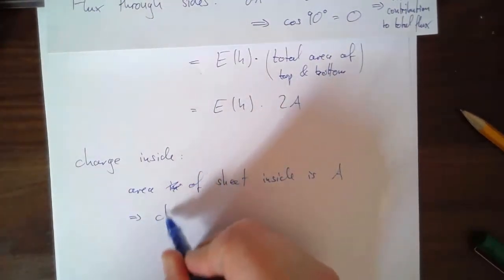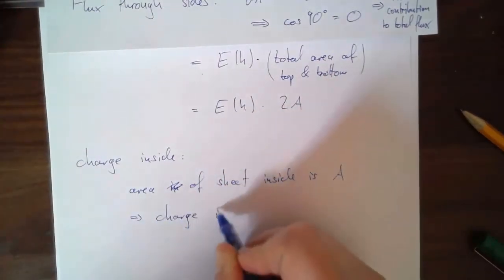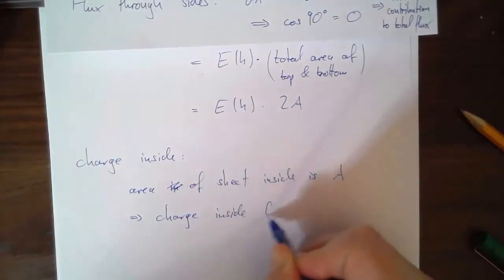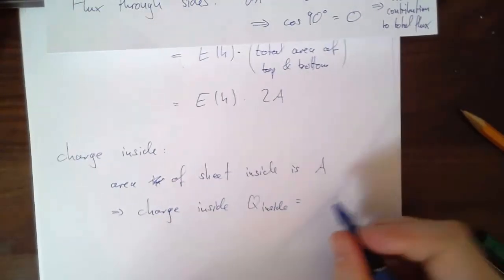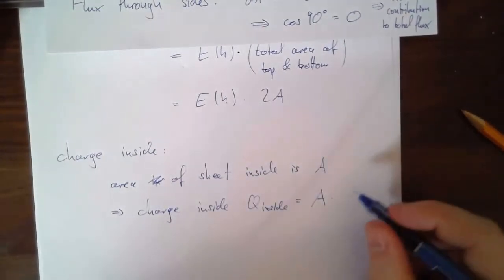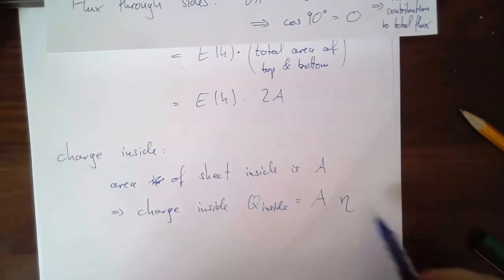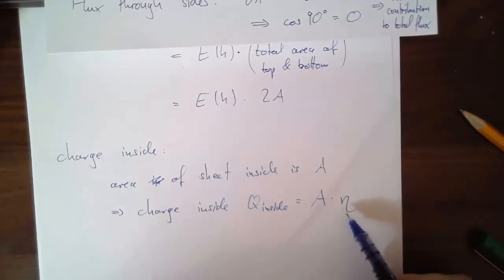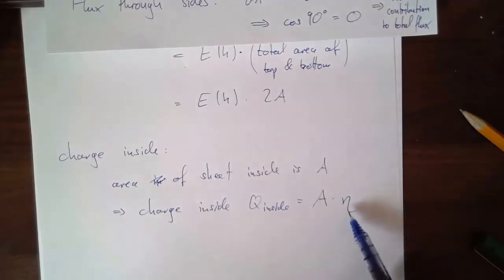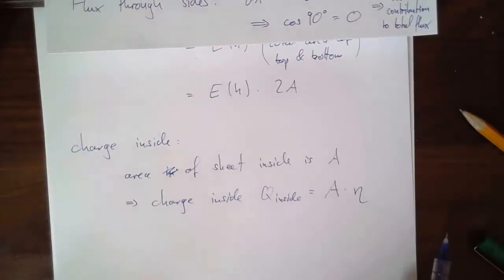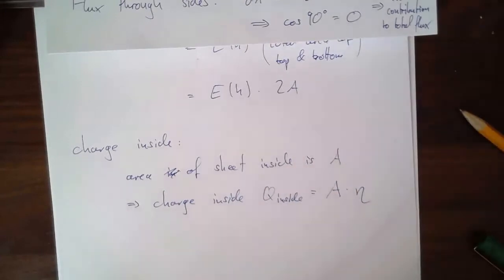Therefore, the charge inside, Q inside, is how many square meters do I have times how many coulombs do I have per square meter, which is just what eta is. How many coulombs per square meter. Okay, so done. Now we can set them equal to each other.